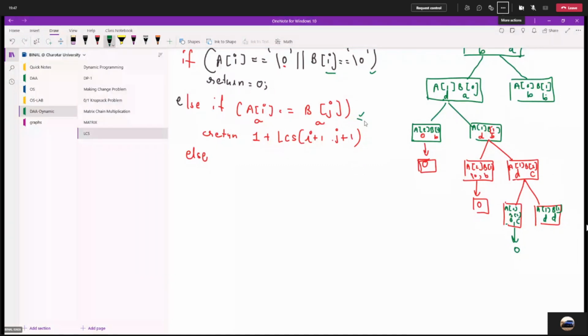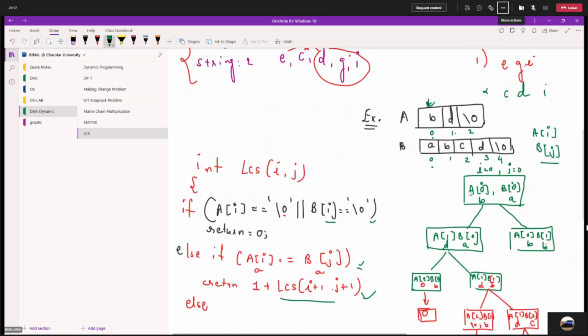D string is matching, yes or no? So we'll go for this second condition, else if wala part. Okay, so if I am doing this, what is my answer? 1 comma LCS I plus 1. I plus 1 क्या होगा? A of 2 and J plus 1 B of 2, right? Okay, so A of 2 B of 2 की वैल्यू आपको पता है? आगे देखो, A of 2 B of 2 की वैल्यू पता है आपको? 0 और B आएगा, right?